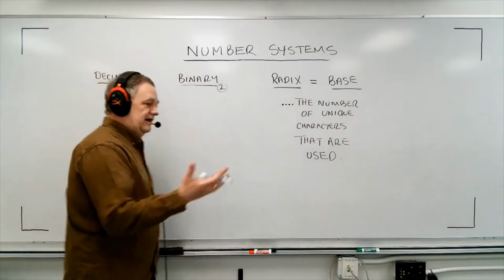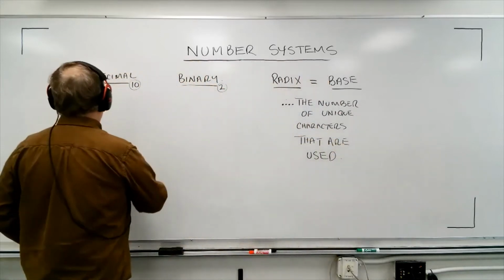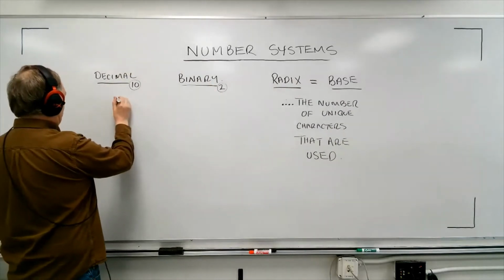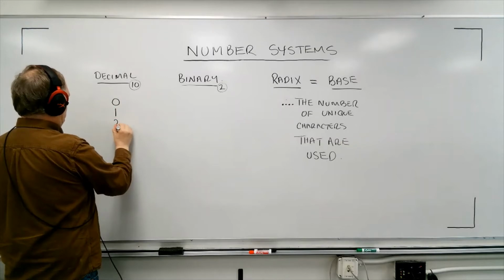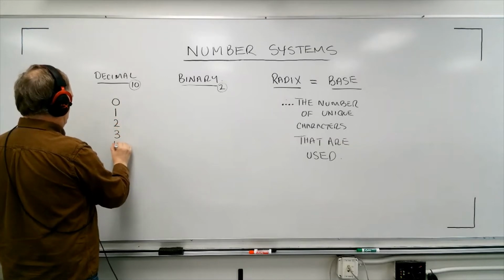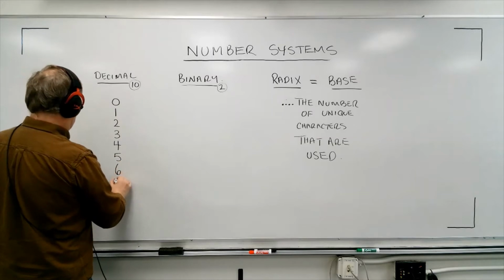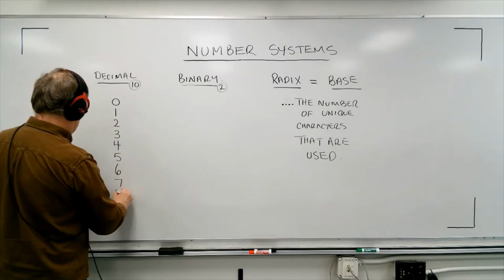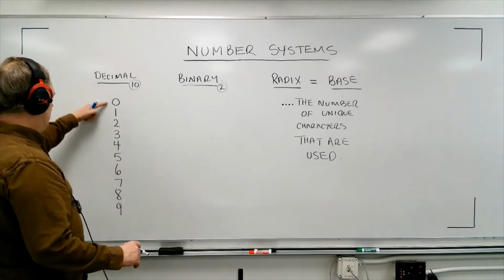Again, just to clear this up, what are the unique characters that we use in the decimal system? Well, they look like this: 0, 1, 2, 3, 4, 5, 6, 7, 8, and 9. So there you see 10 unique characters.